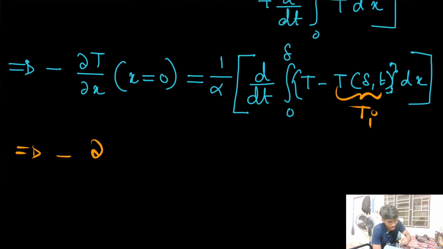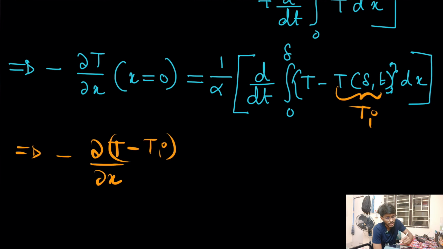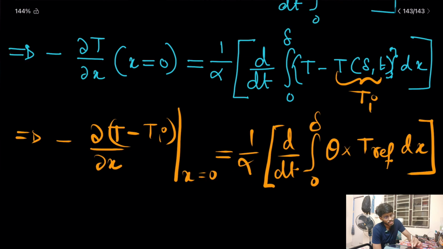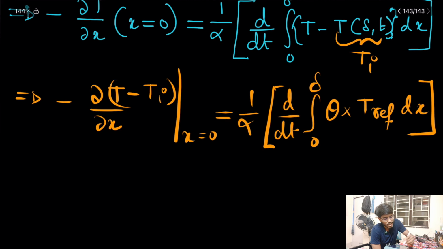And now I can also write this as T minus Ti, okay, because Ti is just a constant, at x equal to 0 is equal to 1 by alpha, okay, d/dt of, so again this is T minus Ti, so that means theta into T ref, right, dx, and this also I can write as theta into T ref.